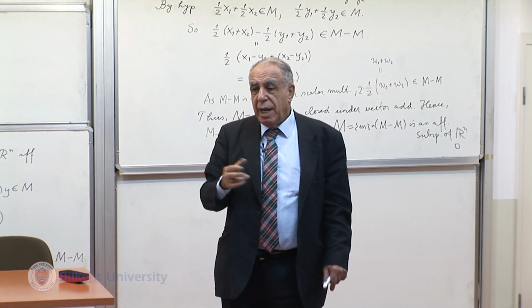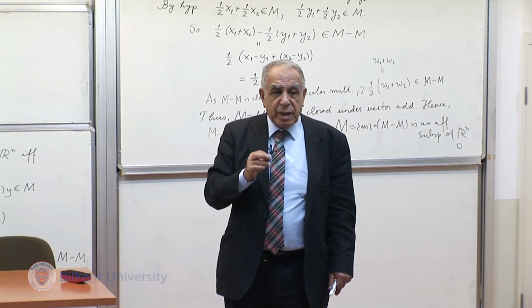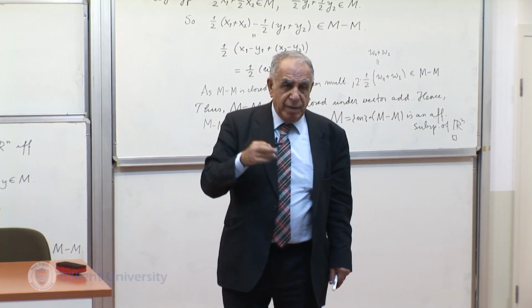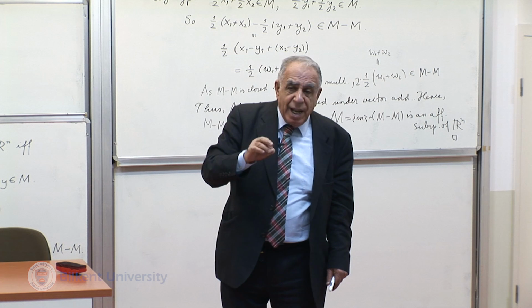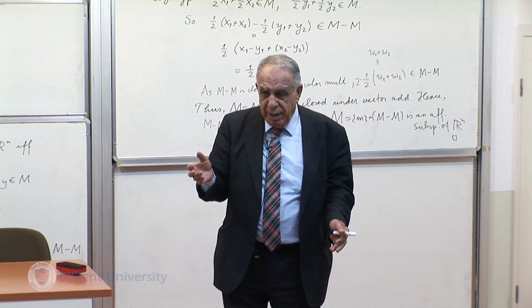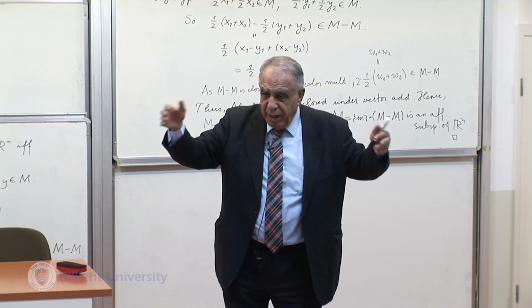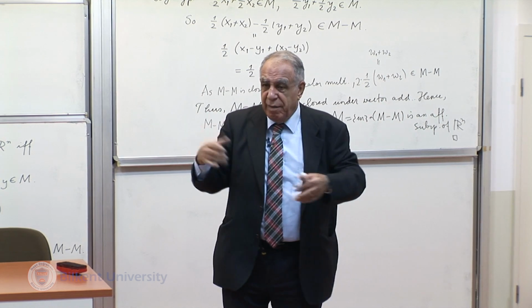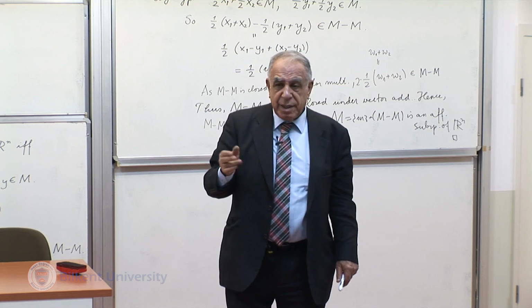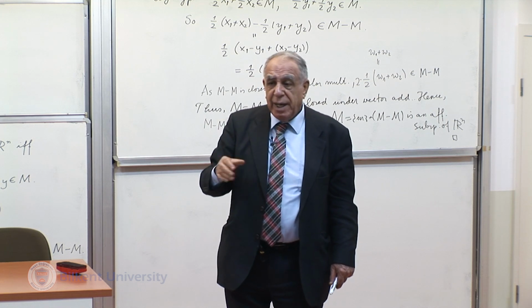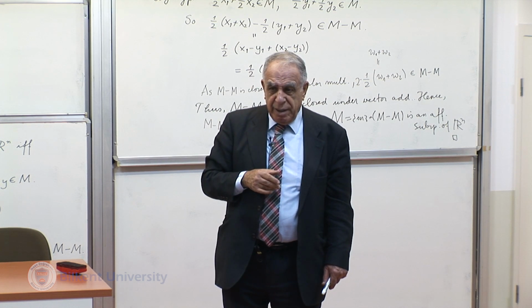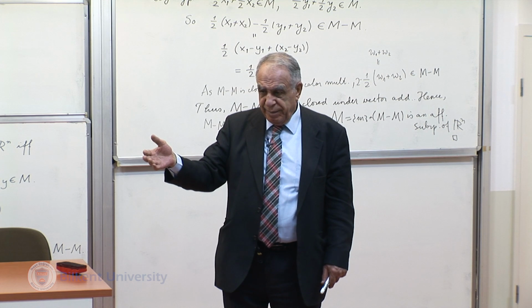Well, the reason is again the same. If you consider the collection of all subspaces of Rn which contain the given set cap S, that's non-empty, because the entire space is a subspace of itself and contains that set. Moreover, the intersection of any non-empty collection of subspaces is a subspace again.